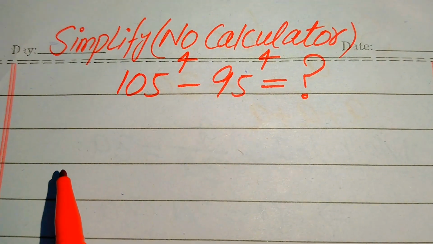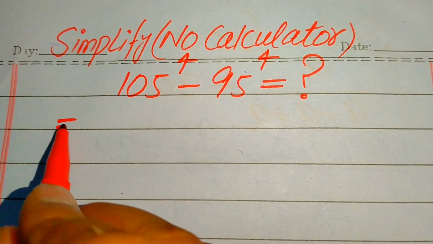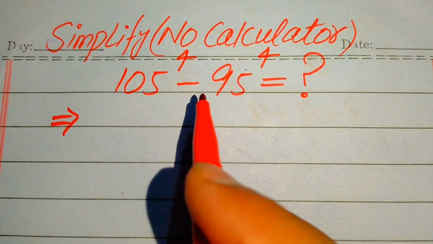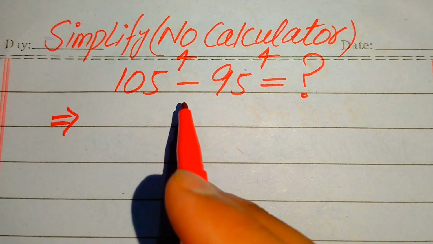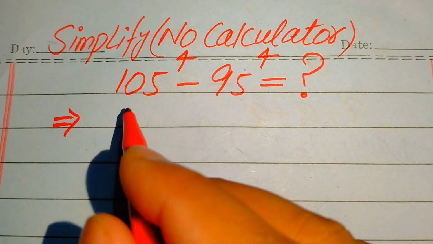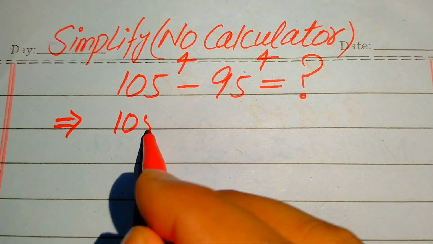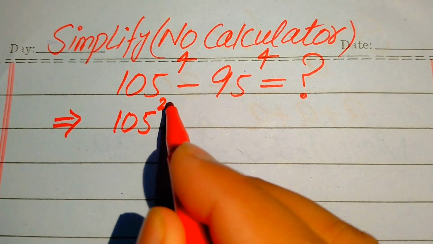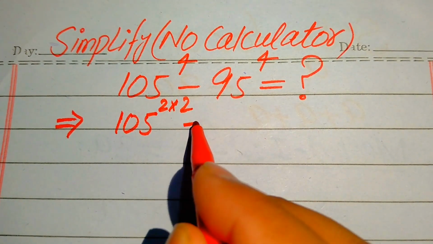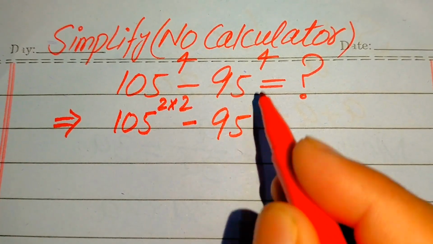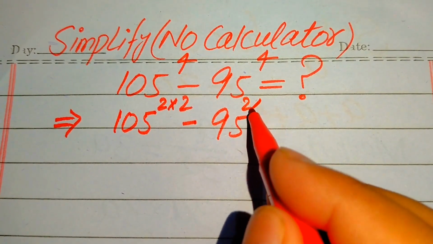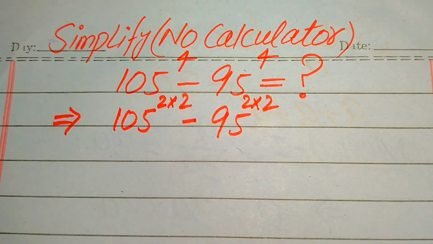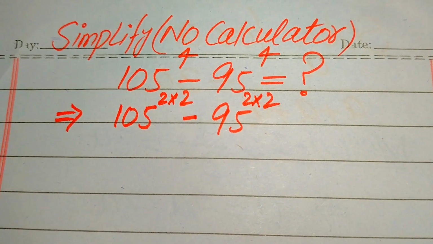So the very first step we are going to do is focus on the exponents of both of these two terms, and we break the exponents. It will be written as 105 to the power of 4; we write 4 as 2 times 2, minus, in the same pattern, we break this 4 and write it as 2 multiplied by 2. Here we use the nice exponential law.